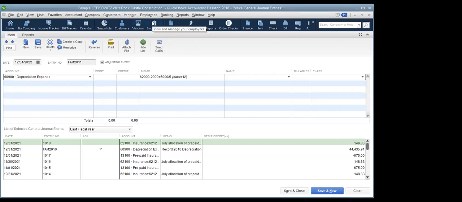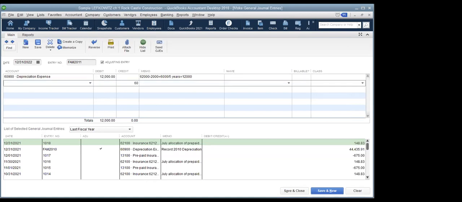Now, the cell is also the same way. It works as a calculator. 62,000 minus 2,000 is 60,000, and we could take the 60,000 and say divided by 5 years, and you see it's 12,000. If you didn't understand, it's again 60,000 divided by 5 years, enter, you get 12,000.